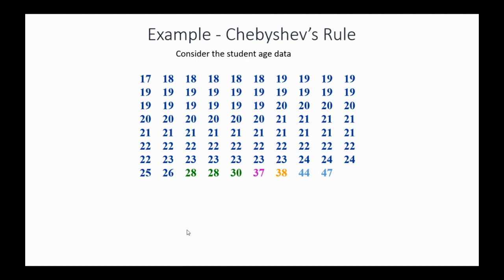So what they did is they calculated, for one, the mean, and then they looked at standard deviation. So how much data was within one standard deviation? Well, that's pretty much everything from 17 to 26.